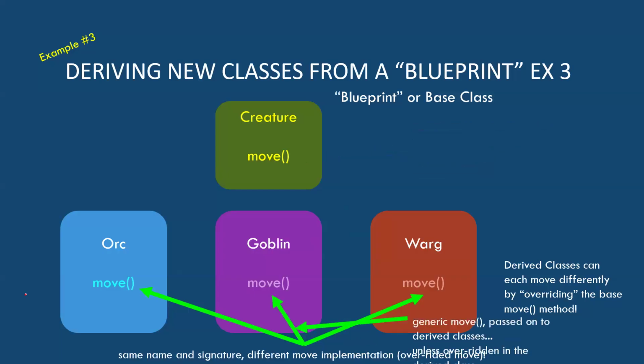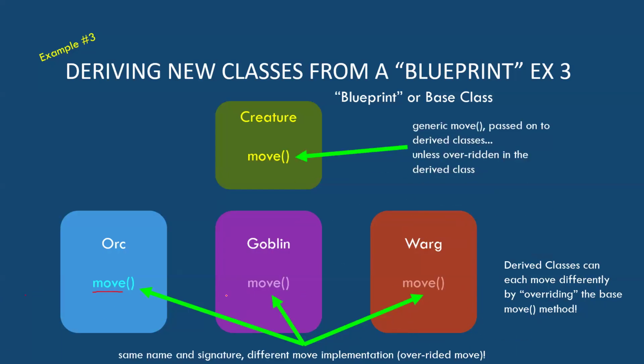So the nice thing about these overriding methods is we don't really need to know exactly what we're dealing with if we just want to make that thing move, right? So if we know they all have the exact same move, I could just say, hey, give me a pointer to that thing and I'll make it move.